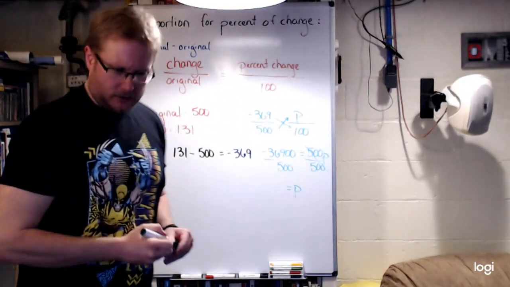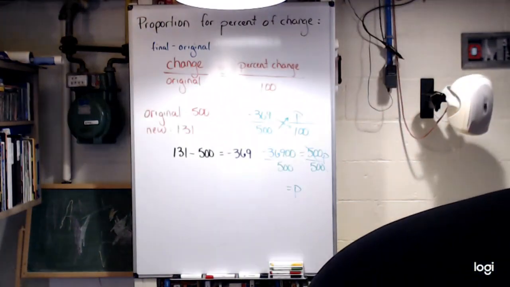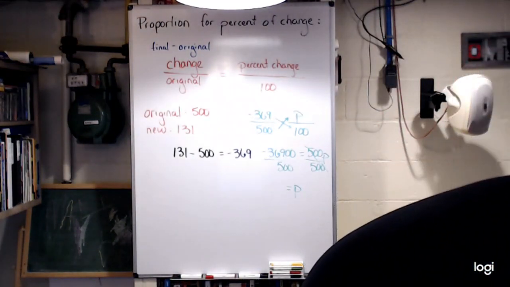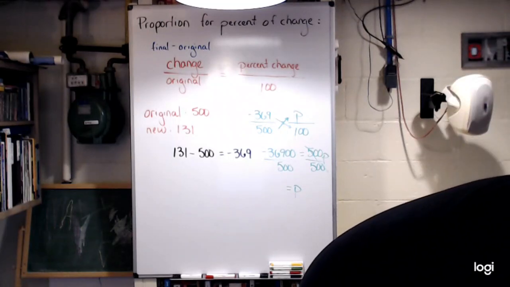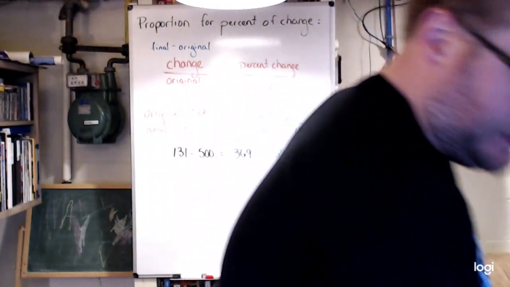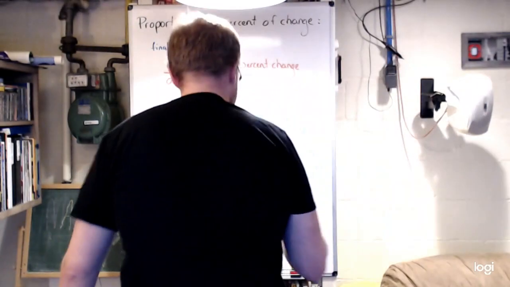And let's see, okay, Rudy's going to use a calculator again. Once again, laugh it up if you want to. 36,900 divided by 500 gives me negative 73.8.